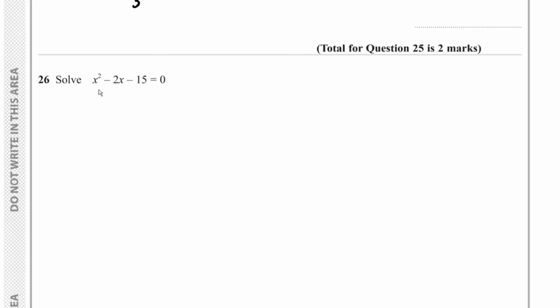Question number 26. Solve x squared subtract 2x subtract 15 equals 0. Well, what we need to do over here is factorize. We need two numbers which multiply to give minus 15 and which add to give minus 2. What are those two numbers? Well, we could have 5, minus 5 and 3.